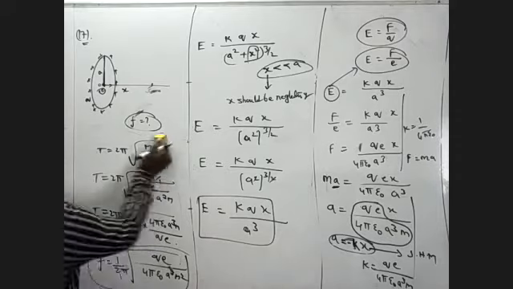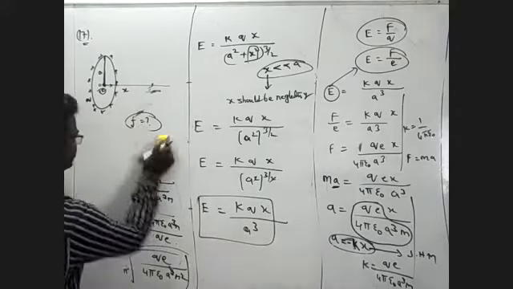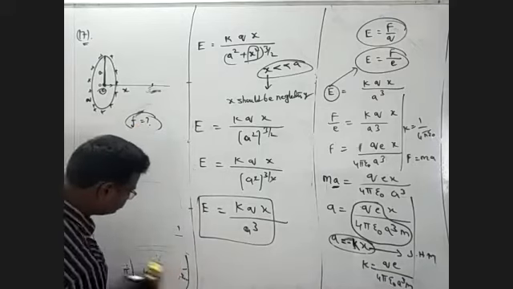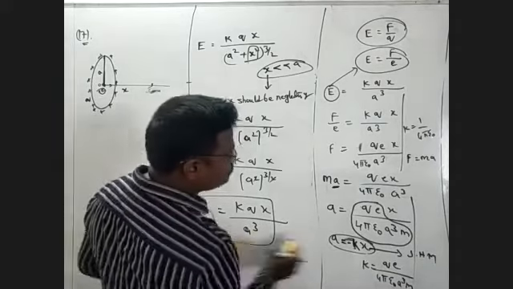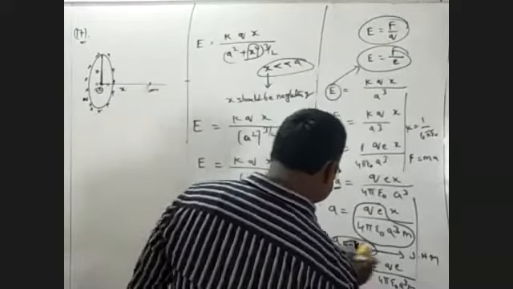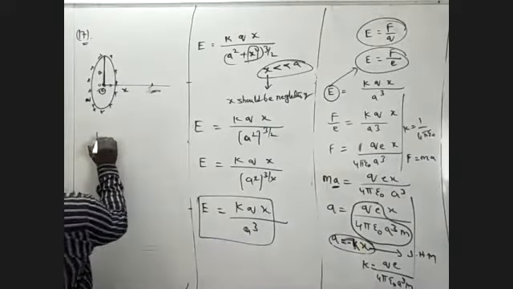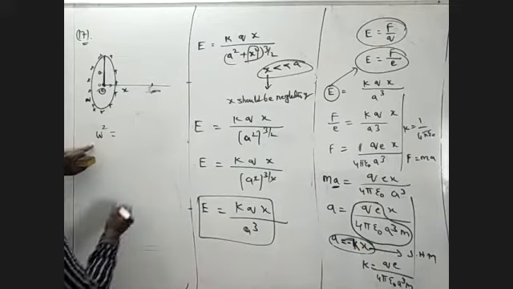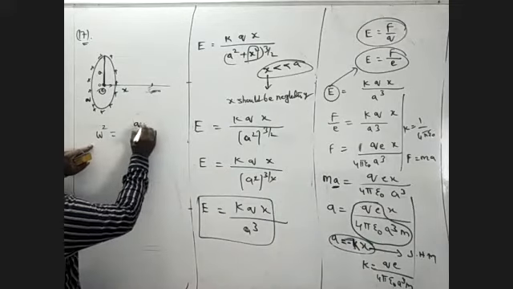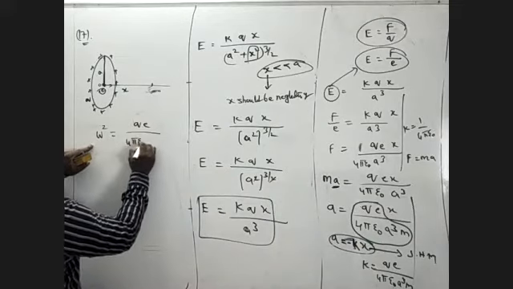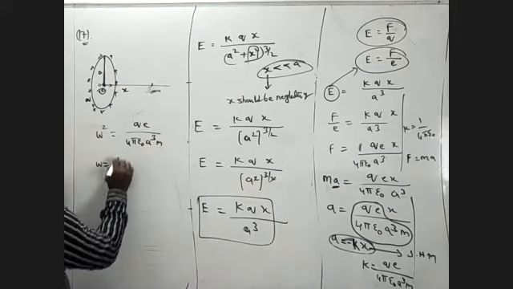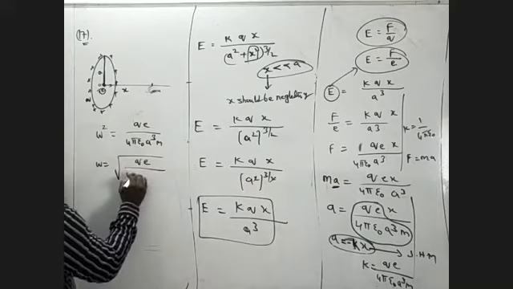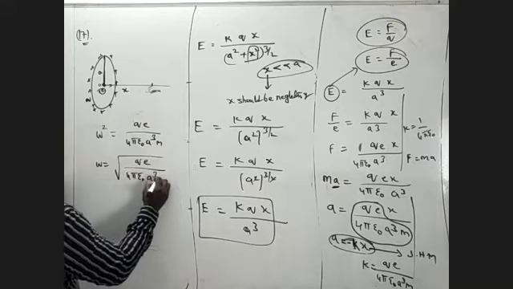Now we simplify this equation. No need to follow that process. Simply we compare: omega squared is equal to Qq by 4 pi epsilon naught a cube m.